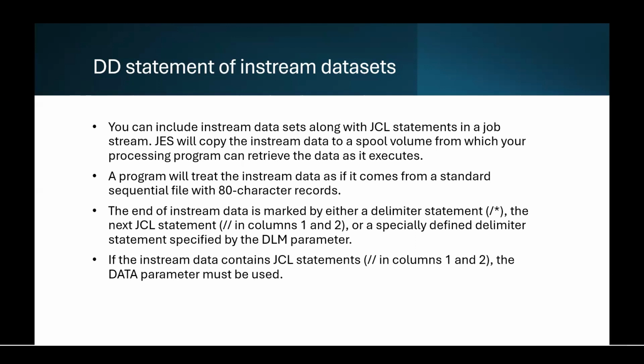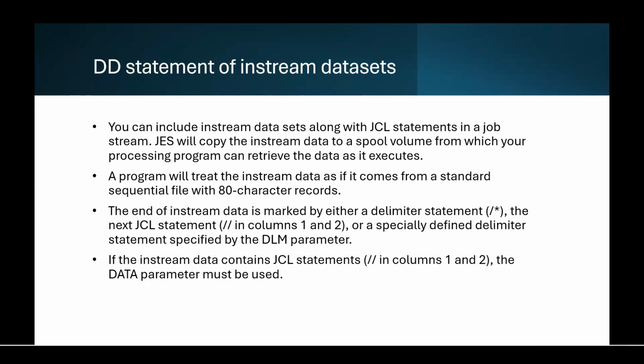So that is how you can transfer the in-stream data to a particular program, and that program will fetch that data from the spool and execute using that data. The program will treat the in-stream data as if it comes from a standard sequential file with 80 character records.